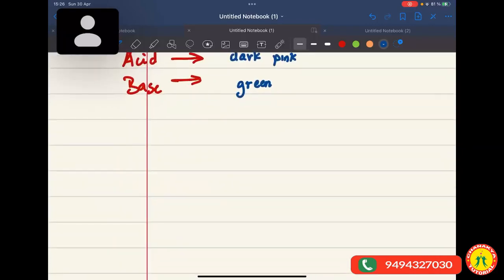So now you know that acid turns to one color, basic turns to one color. Now what happens when you mix acid and base together? Ma'am, I think it becomes purple color.